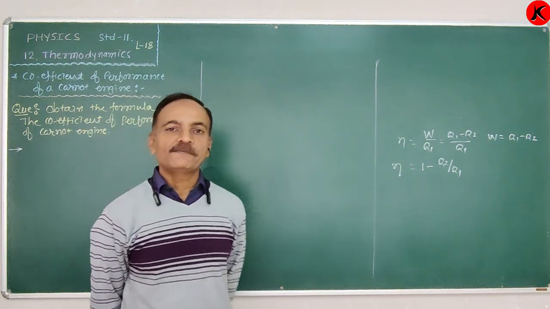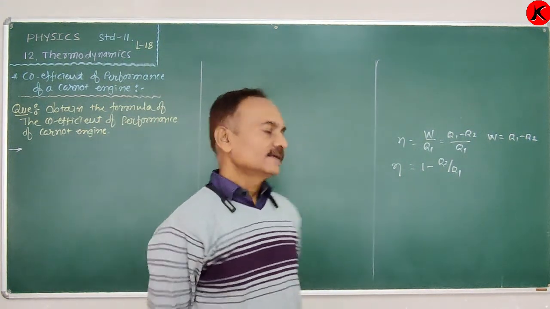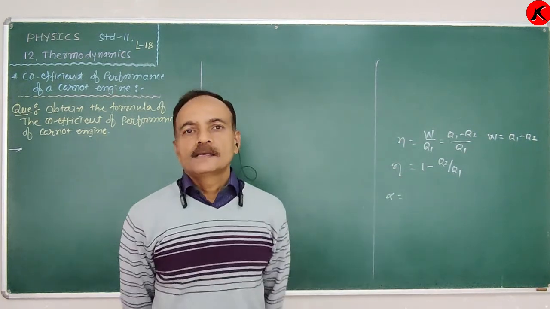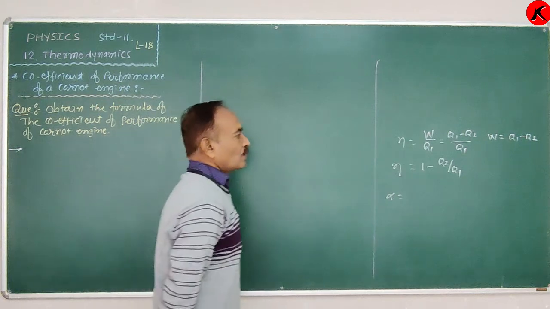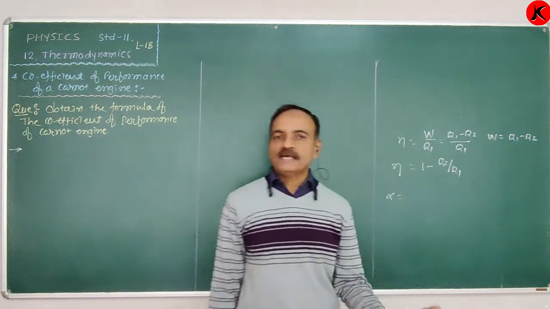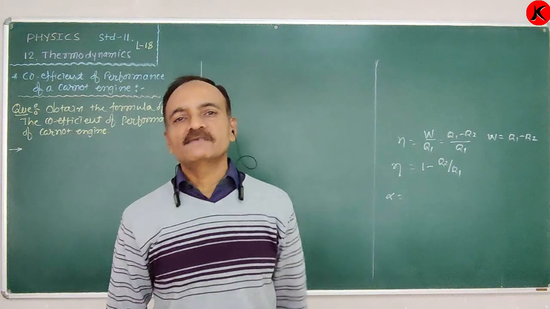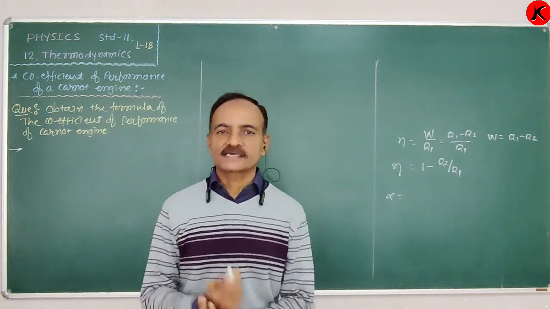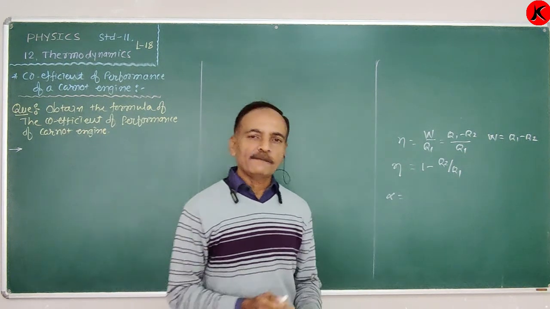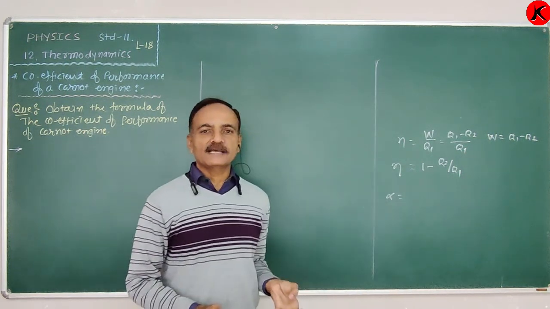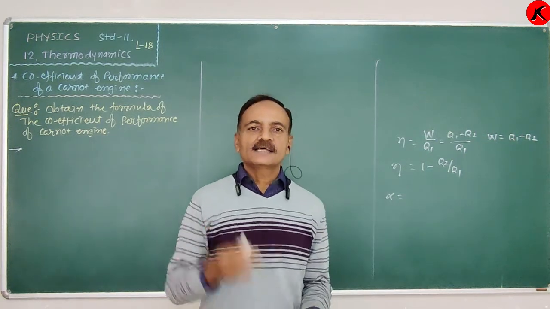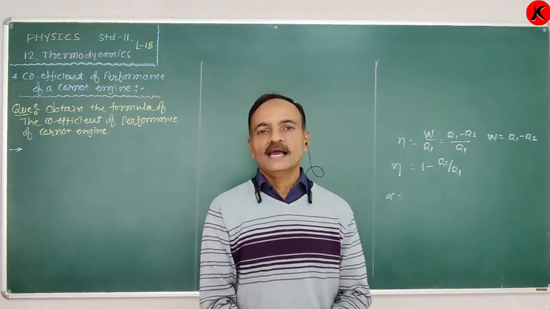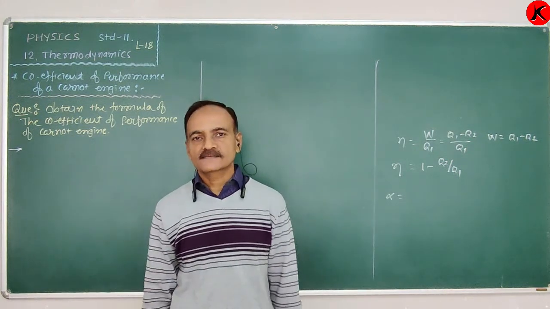And in the case of a refrigerator, we obtain the coefficient of performance alpha. Would the cyclic process that takes place in a heat engine take place if this process is reversed? So that is the working of a refrigerator. In a refrigerator, Q2 amount of heat is absorbed. To absorb this heat, work is done on the working system, and Q1 amount of heat is released.